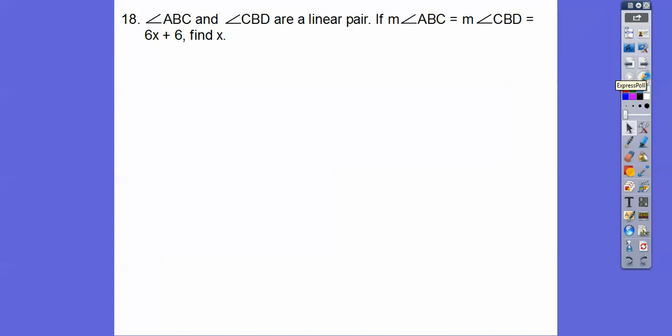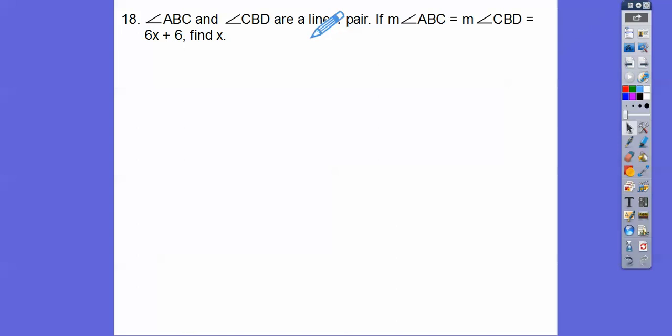Here we have angle ABC and angle CBD are a linear pair. Linear pair means that they just make up a straight line. Linear means line.